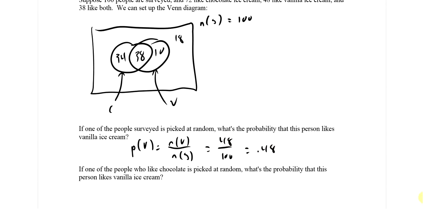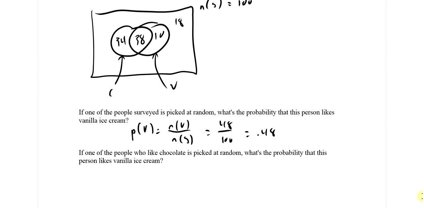Great. Slightly different question, though. Of the people who like chocolate ice cream, what's the probability of those people liking vanilla ice cream? So now we're not picking one person at random from the whole 100-person survey. We're going to pick one of these 72 at random. So what's the probability that someone likes vanilla, given that we already know that they like chocolate?